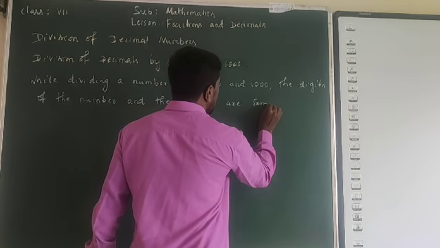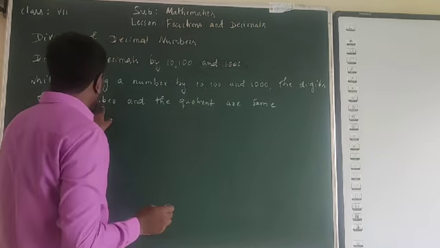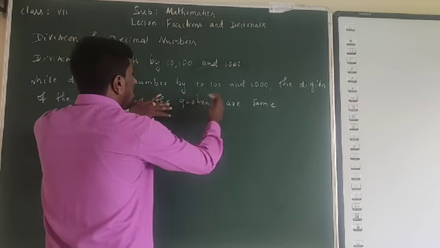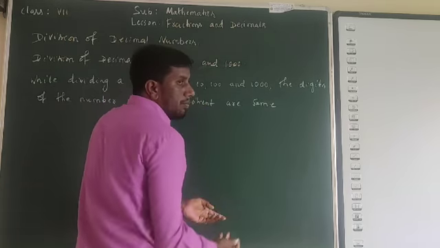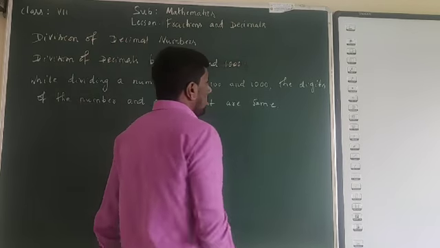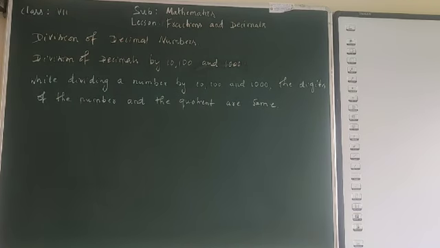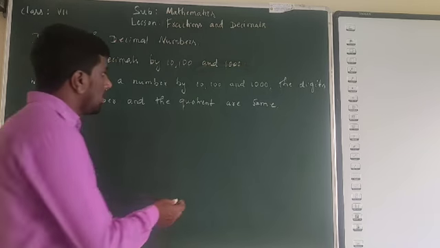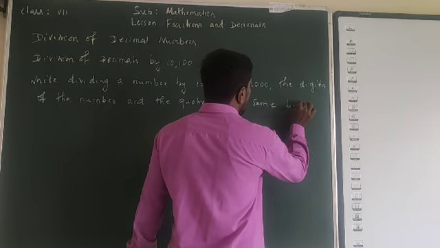The digits of the number and the quotient are the same.